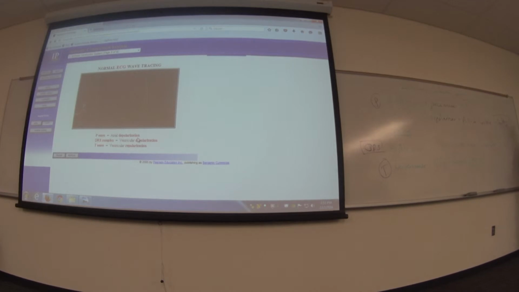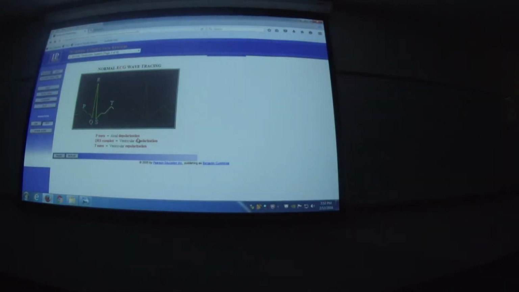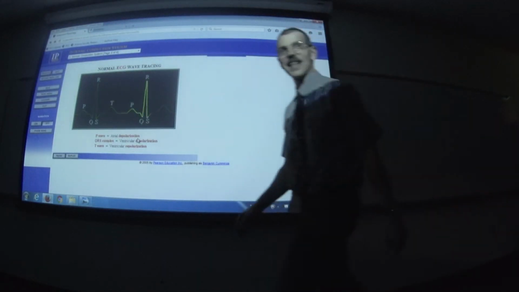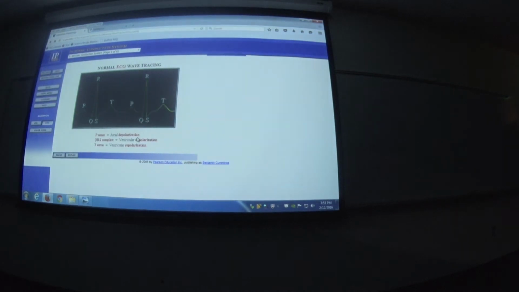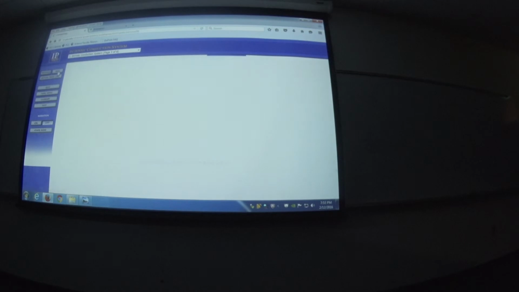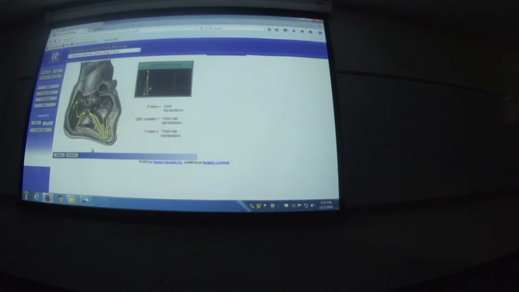Okay? Now, let's put this together. So with your 3 eyes on the right-hand side of the screen and your 5 eyes on the next side of the screen, you're going to watch both of them together. So here we have the nodes, here we have the chambers, here we have the impulse, there we have the graph.